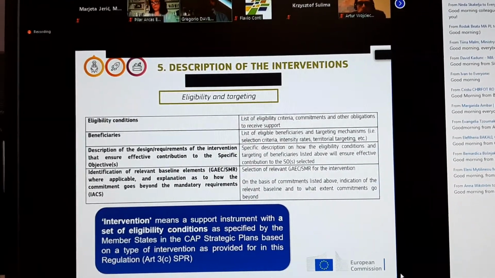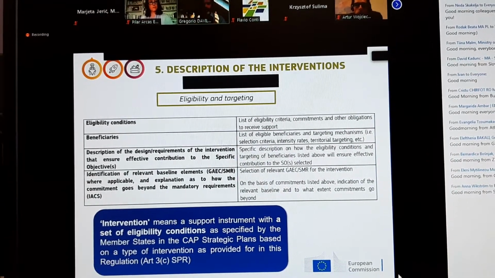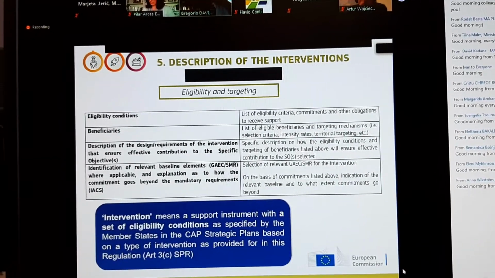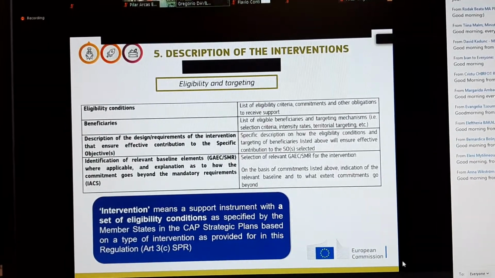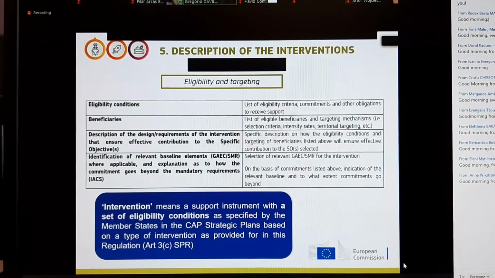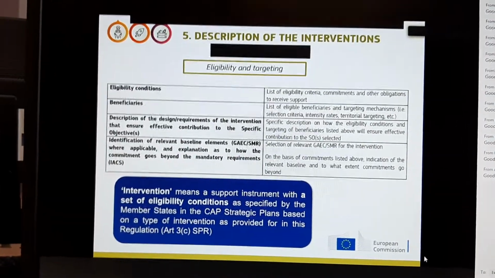We would like to see how far the commitment goes beyond the mandatory requirement. That's where we want to focus. So in order to do that, we need to know the baseline elements, but not only that in a normative or formal way; we would like to see a bit of an assessment of how the commitments go beyond the relevant baseline elements.